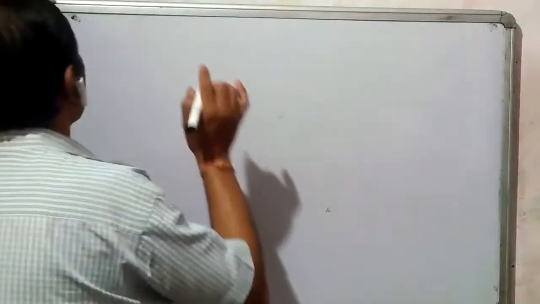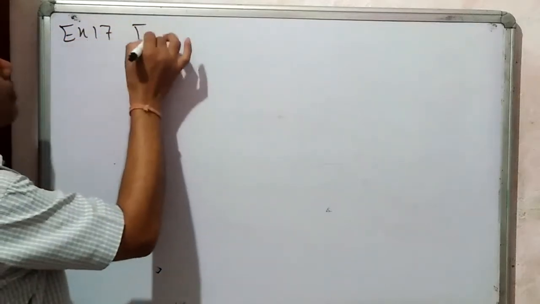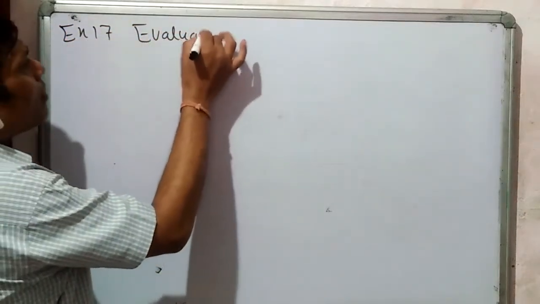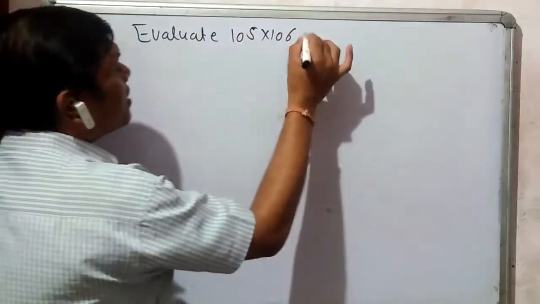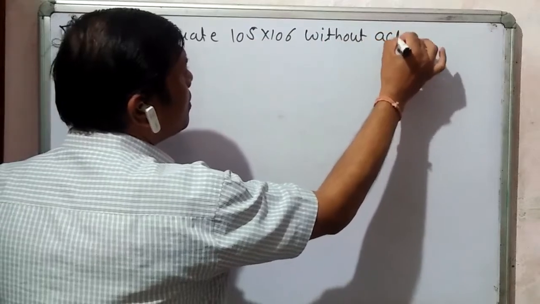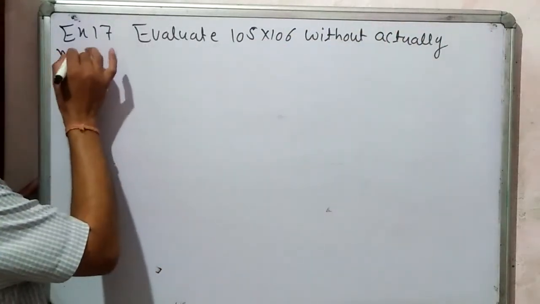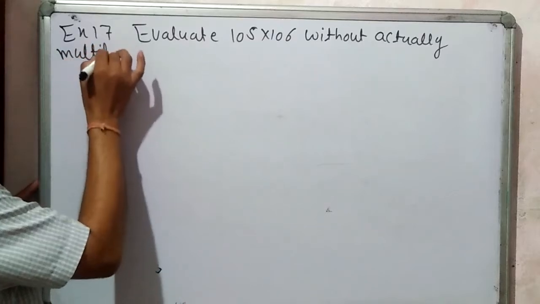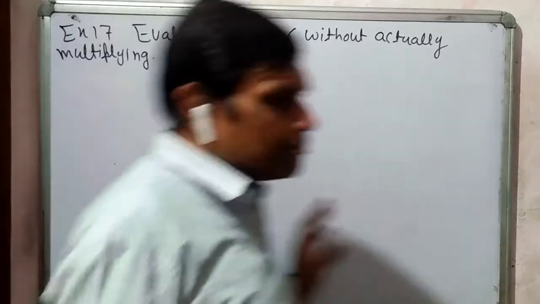Example number 17 is saying, evaluate 105 into 106 without actually multiplying. You don't have to multiply it actually.